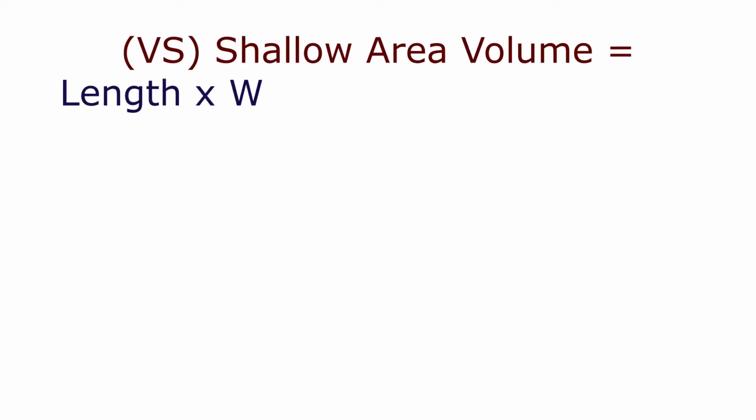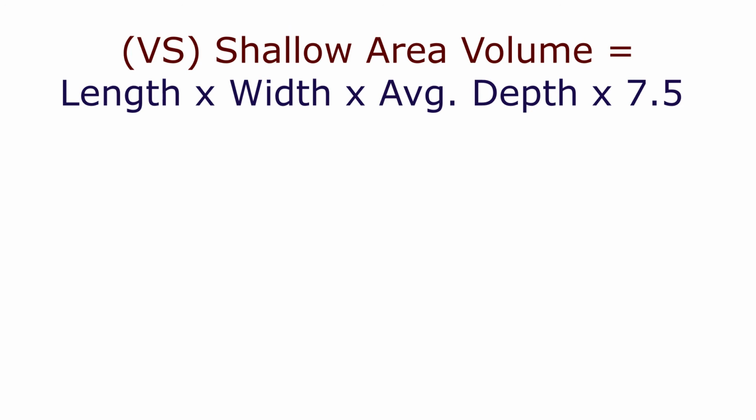Now we're going to calculate the volume for the shallow end first. We'll call this our VS, or shallow end volume. Our formula is length times width times average depth times 7.5.